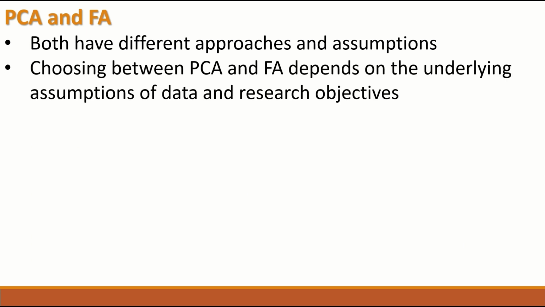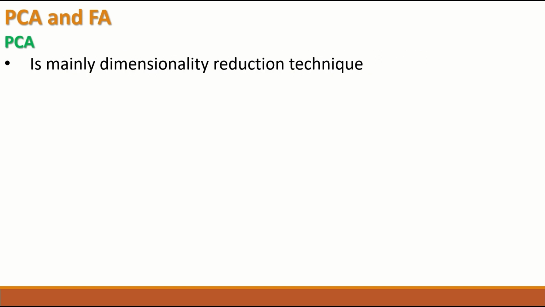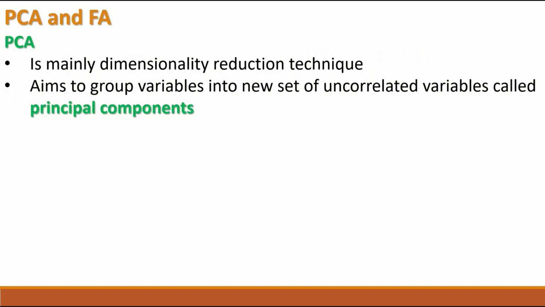So both have different approaches and assumptions. Choosing which one to use, whether PCA or FA, depends on the underlying assumptions of the data and the objective of the research study. PCA is merely a dimensionality reduction technique.